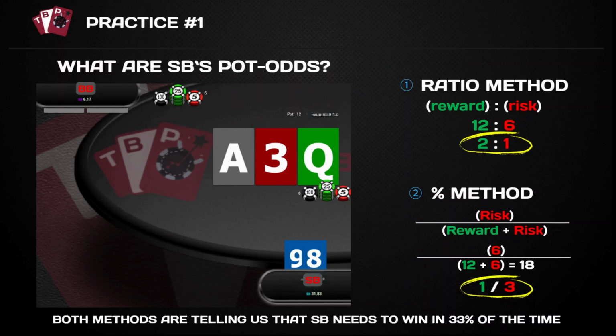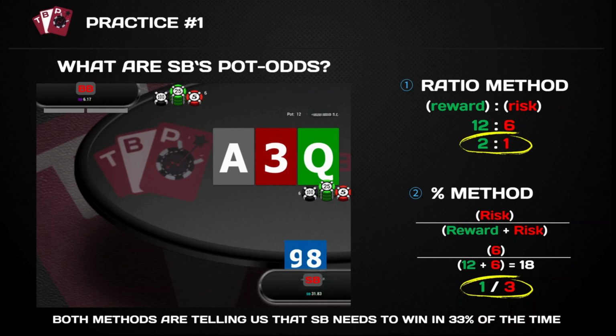There we put in the same numbers for risk and reward and get the fraction of 6 divided by 18. We can again divide both numbers by 6 and get small blind's final pot odds of 1/3. Both results of 2 to 1 and 1/3 are telling us that the small blind needs to win 33% of the time.